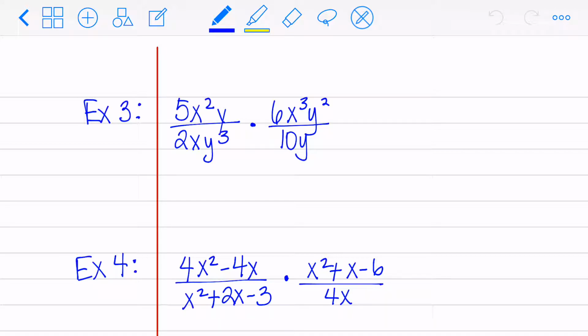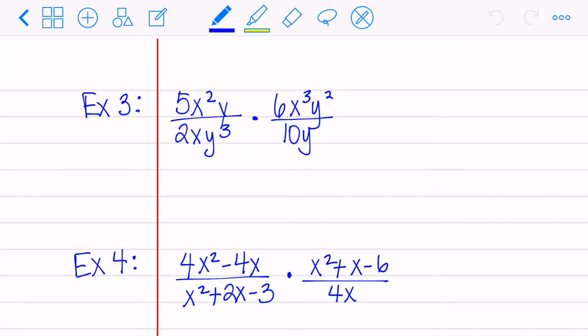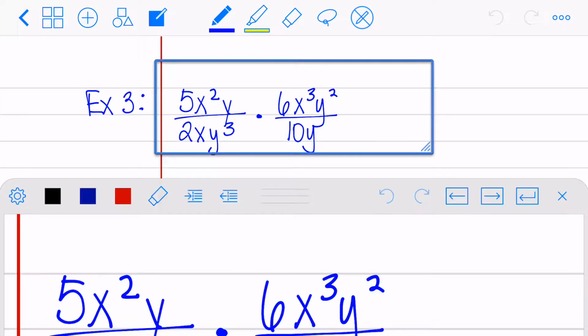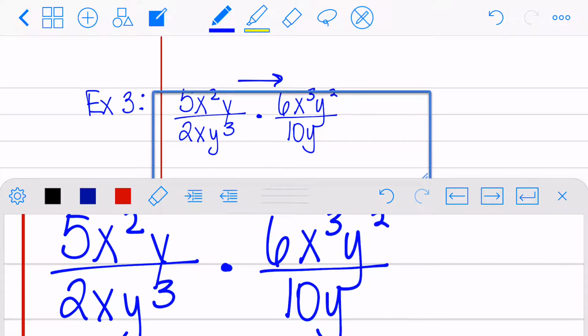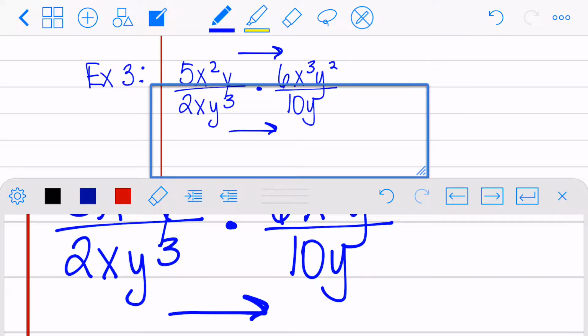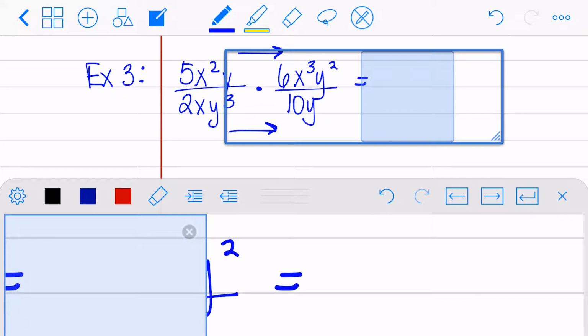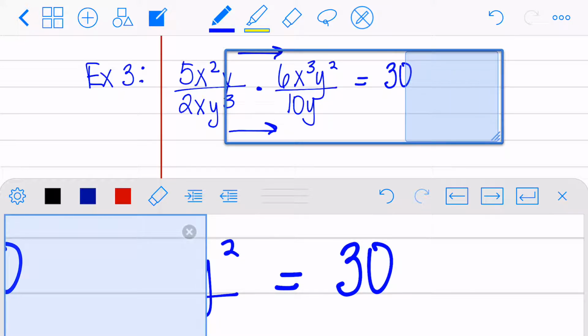So here I don't see anything that you can factor. So you could multiply straight across if you want to. I'm going to show you one way to do this, and then I'm going to show you how to cross cancel. If you multiply straight across, you get 30, and then x squared times x to the third.